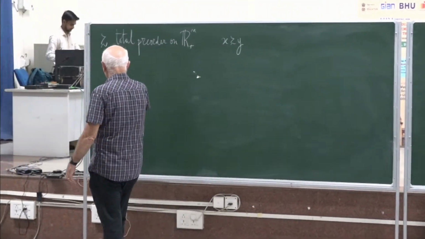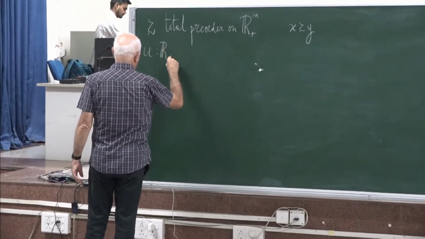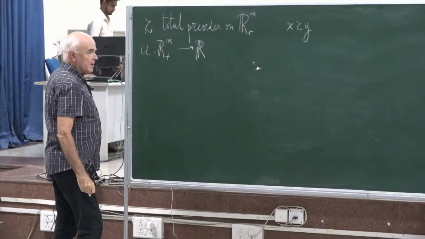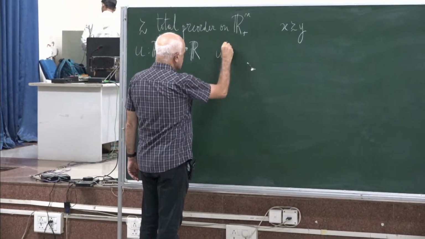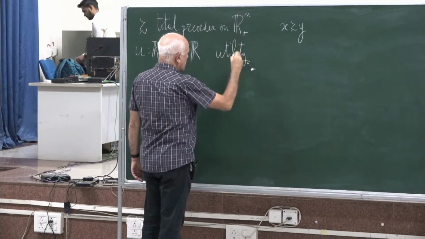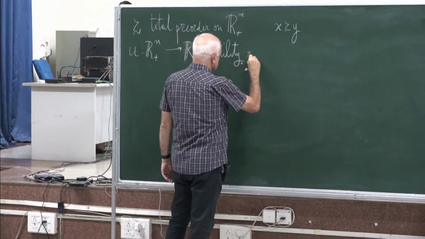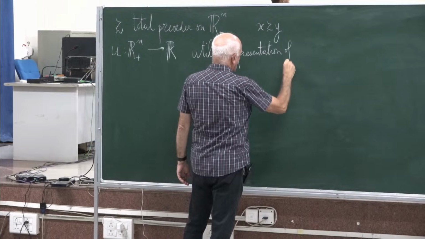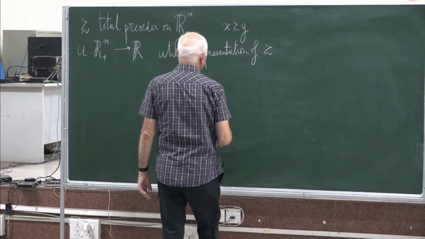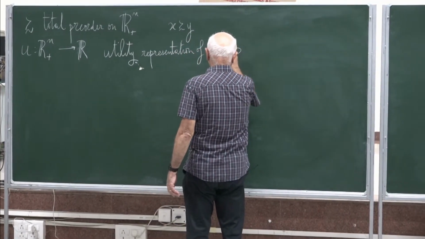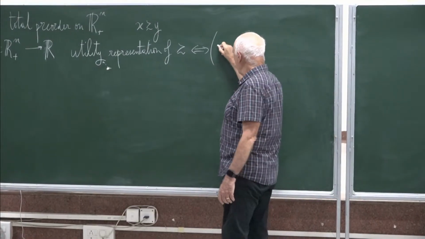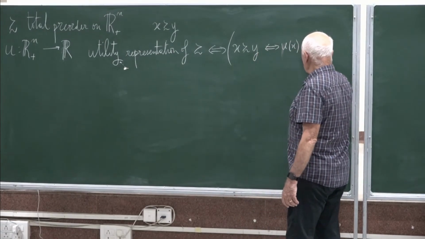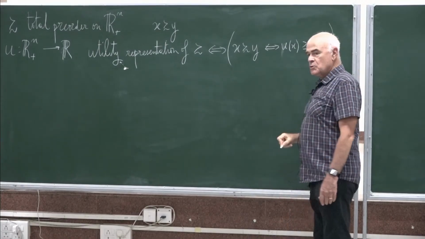So we say that u from R plus n into R is a utility function, a utility representation of the preorder if the following equivalence holds true: x is preferred to y if and only if u of x is greater than or equal to u of y.